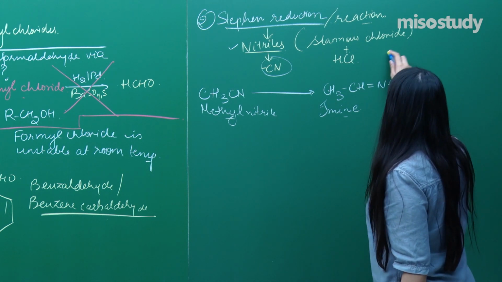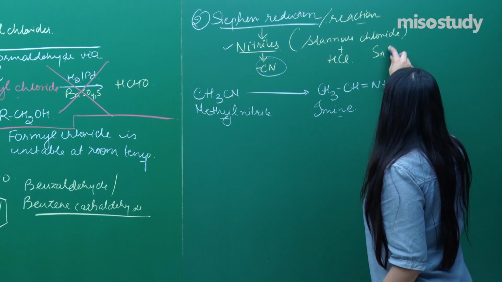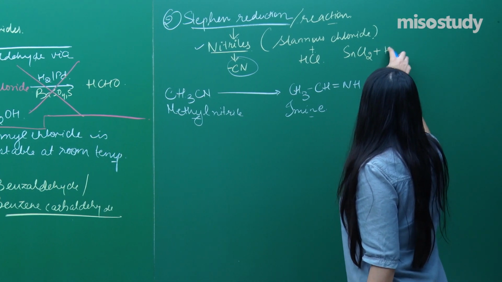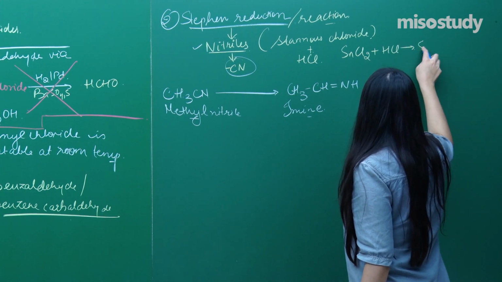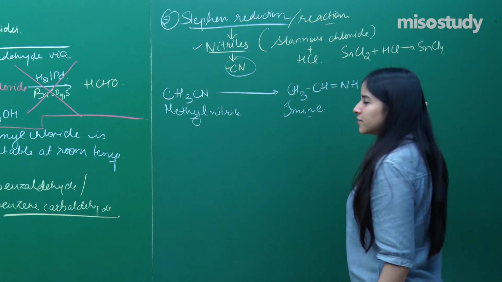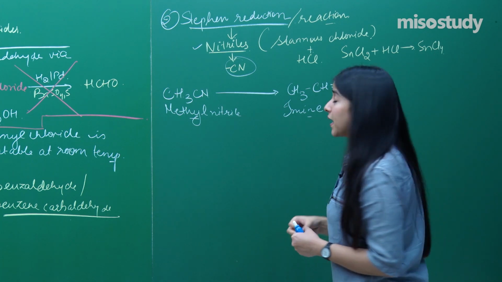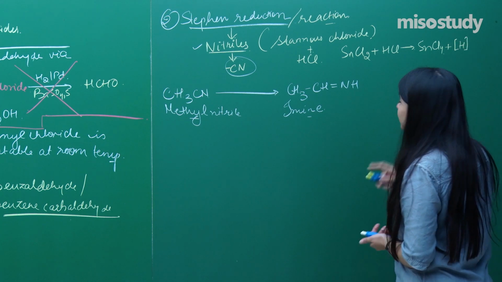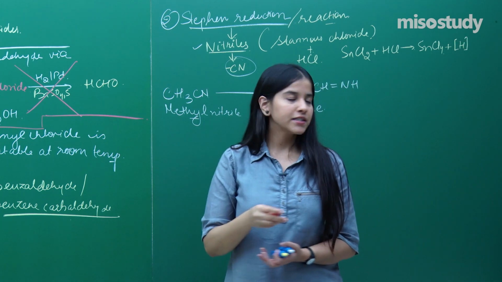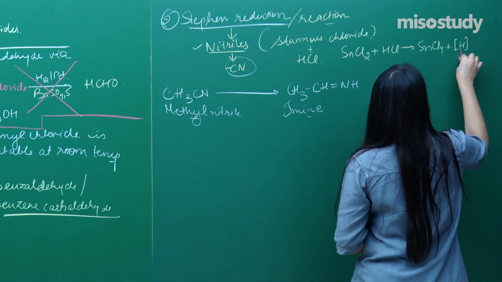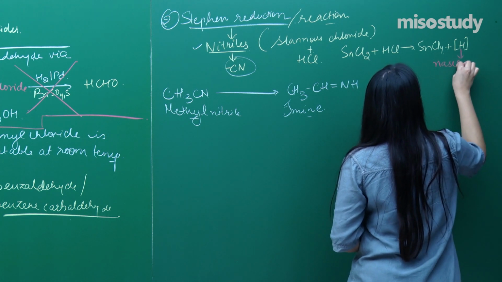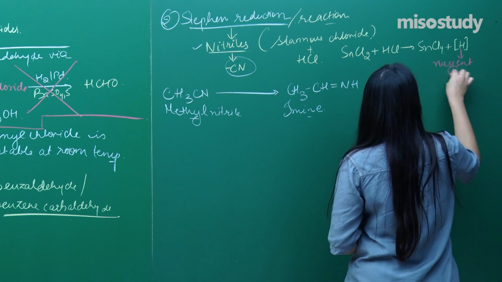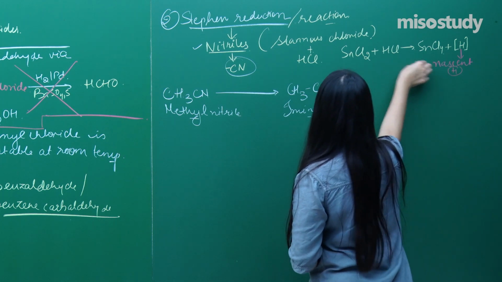So, the stannous chloride, SnCl2, is oxidized to SnCl4, fine. And the nascent hydrogen which is produced is used for the reduction process here.